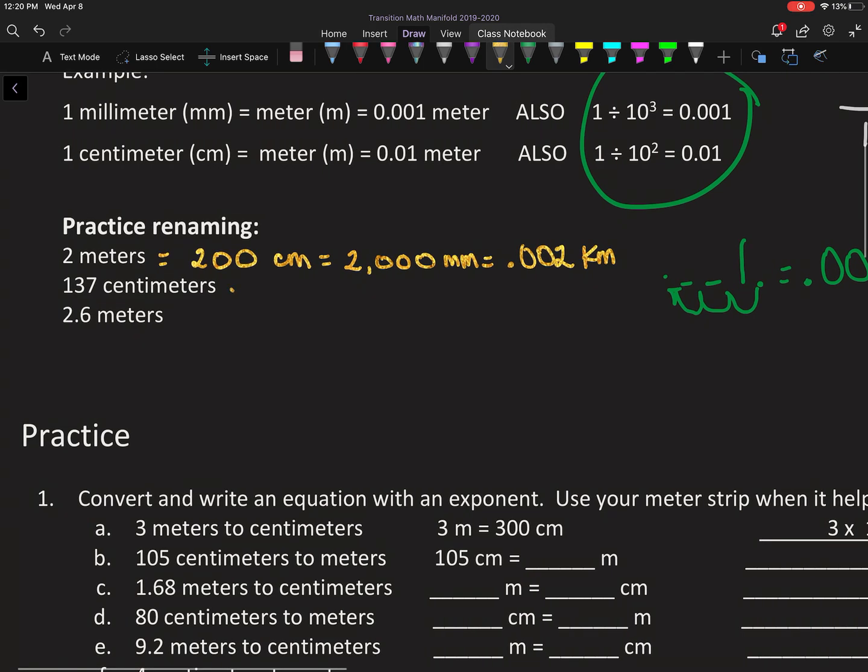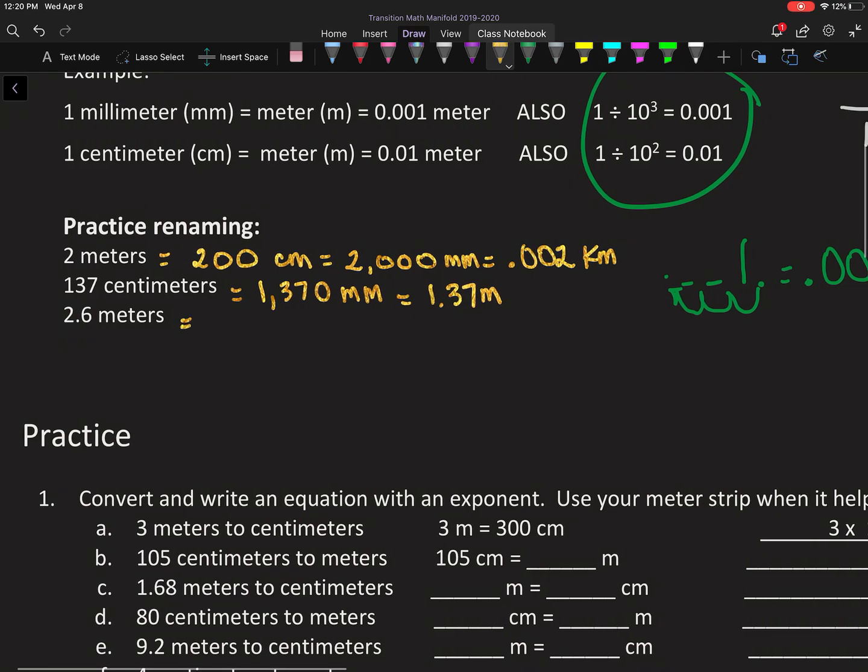So 137 centimeters would be the same as 1,370 millimeters, or would be the same as 1.37 meters.